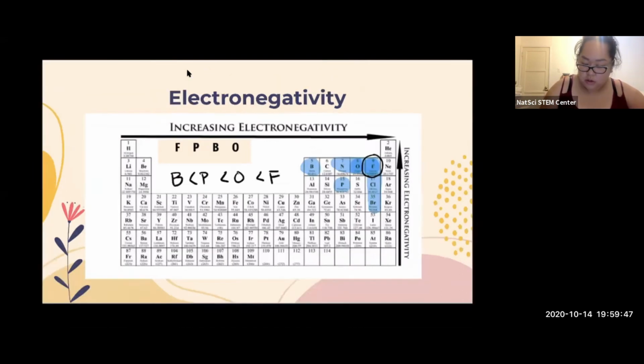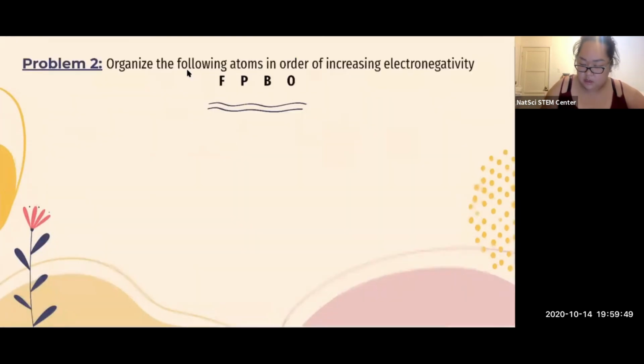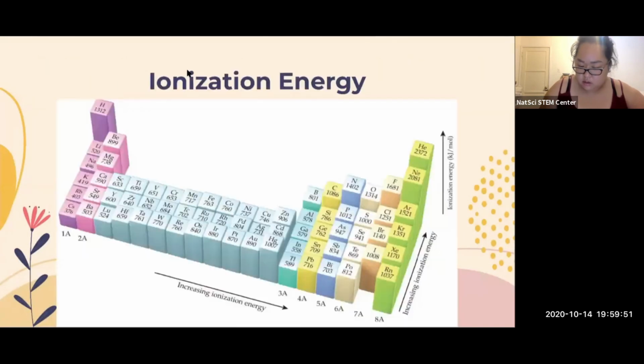So this is the only problem we have for electronegativity. Now is ionization energy. Ionization energy is basically how much energy is required for it to go to the next energy level.